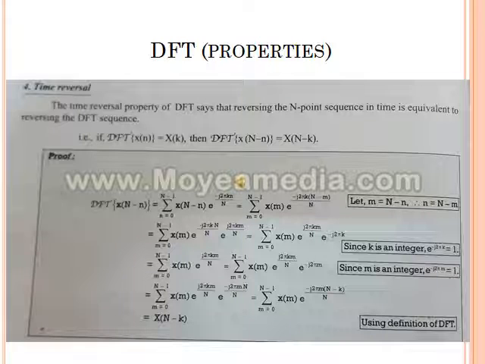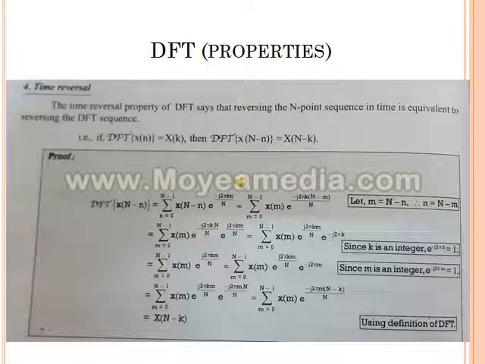Now capital N cancels with capital N, and e raised to the power minus j 2 pi k is always equal to 1 as long as k is an integer value. So we substitute this as 1.